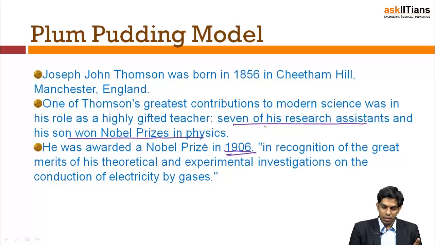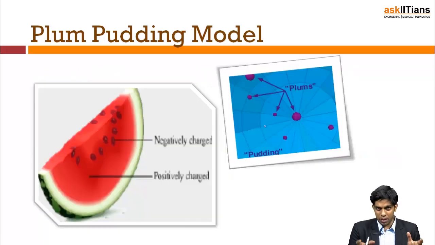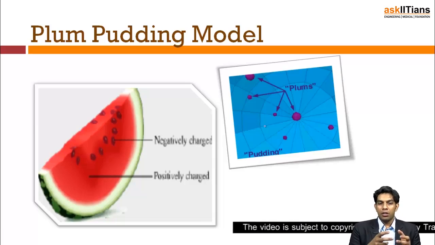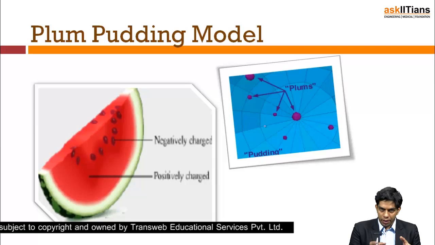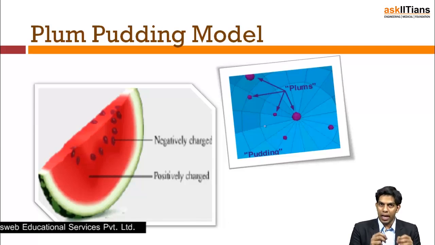As the name suggests, the Plum-Pudding model is derived from a typical English Christmas pudding. So the inspiration which J.J. Thomson got about the structure of the atom was from Christmas pudding. Now in many books and materials, you will find a watermelon analogy also given.